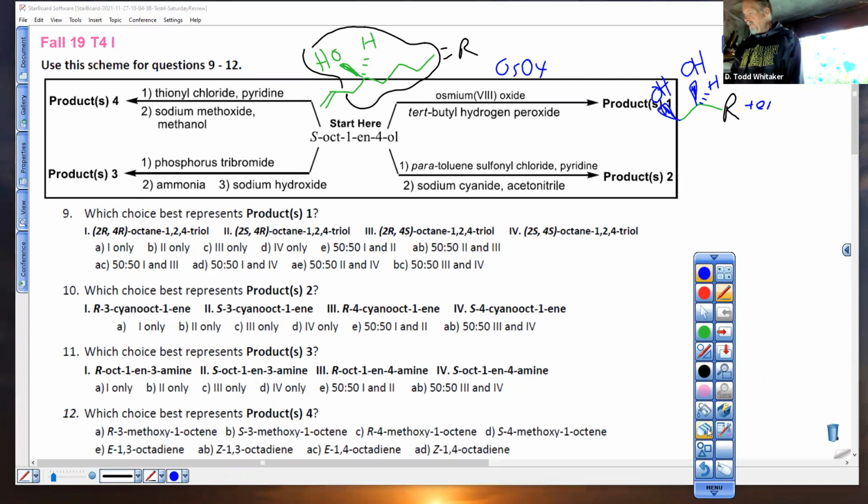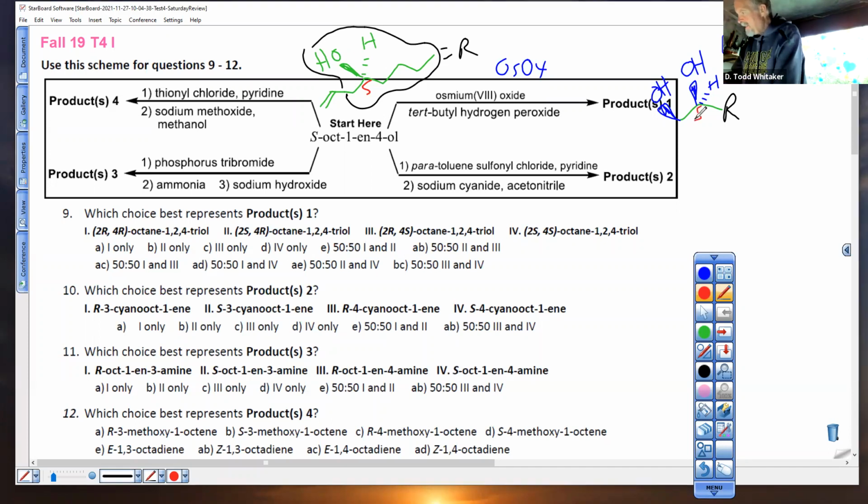Oh, careful with your words, Dr. Whitaker. There's a stereocenter in R that will not change during this reaction. So we're not going to make an enantiomer, we're going to make diastereomers, because we have a new stereocenter here. And in this particular one, it's S.